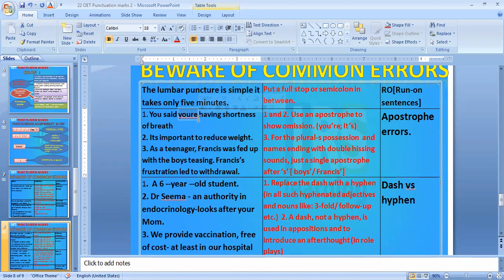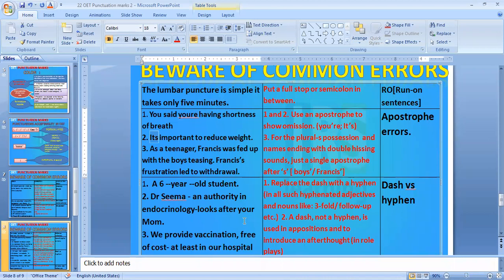That is in number 2 also. Same rule, number 2. It's important to reduce weight. It's a very common problem. Many students don't know such a simple thing, this one. ITS. It's important to reduce weight. Actually, what is it actually? It is. Short form is IT apostrophe S. That alphabet I is missing.